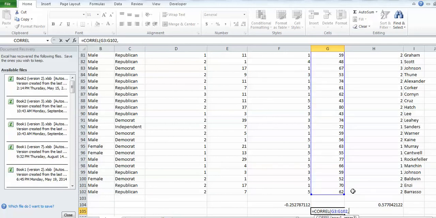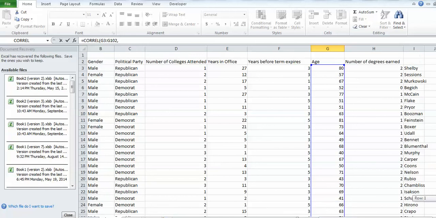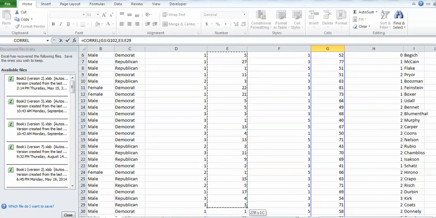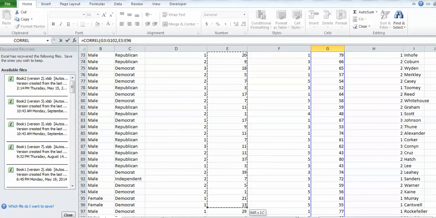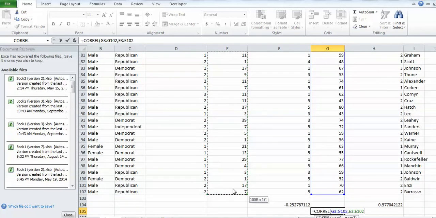We enter a comma, and then we highlight years in office. And what Excel is doing is it's plugging all of these values into a certain type of formula to calculate a correlation coefficient. And the correlation coefficient shows how strong the correlation is, and it also shows if it's positive or negative.